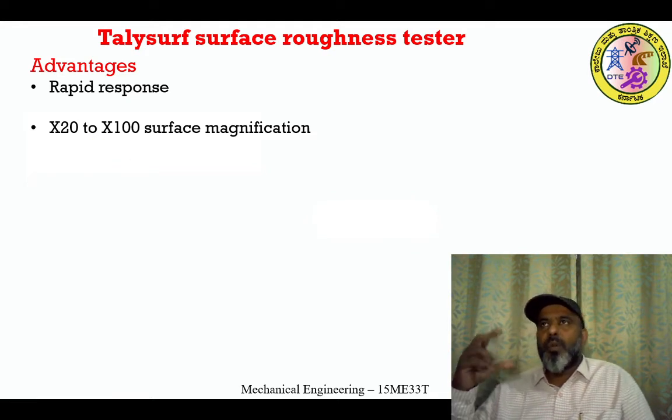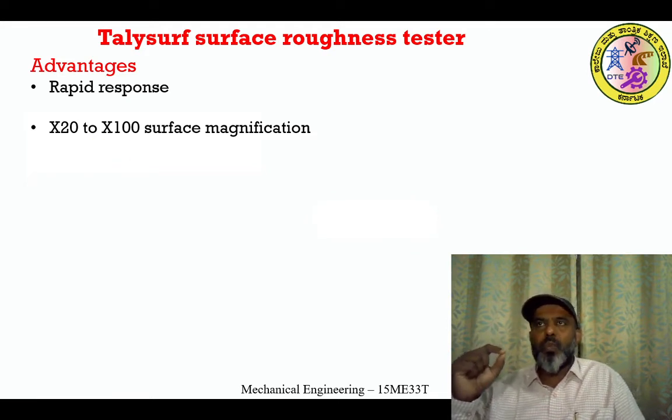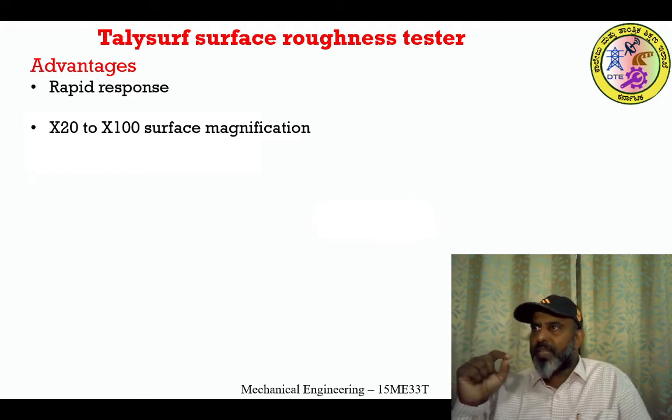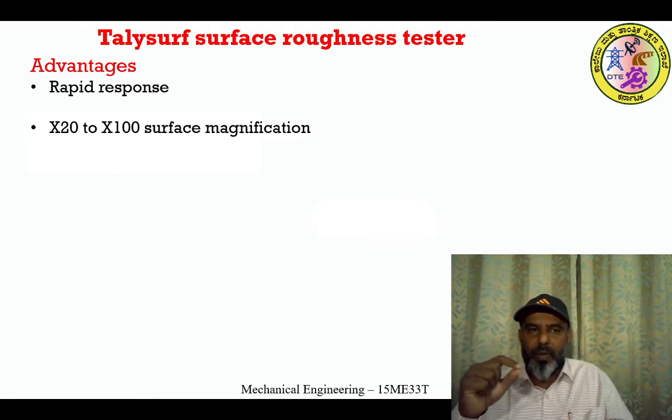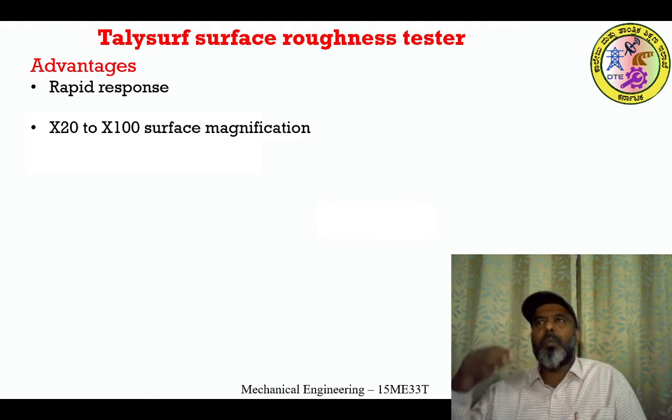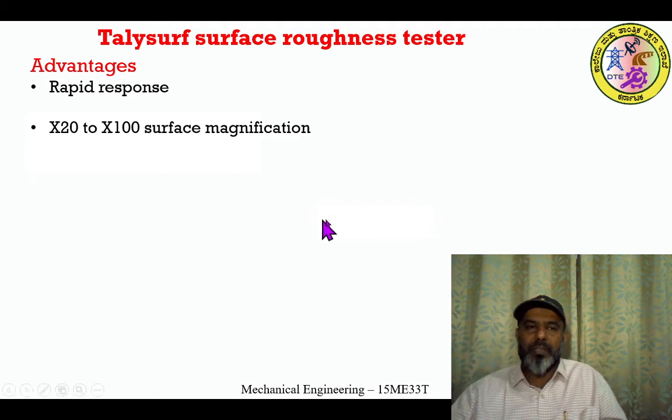It means if the surface roughness is 1 micron, we can see it magnified up to 20 microns, or even up to 100 microns.